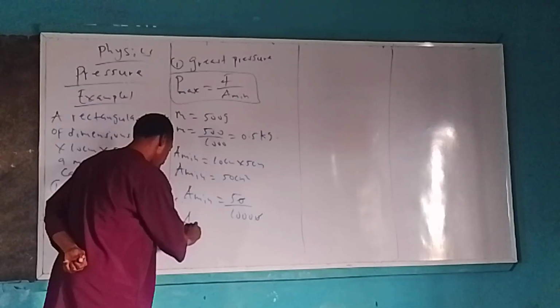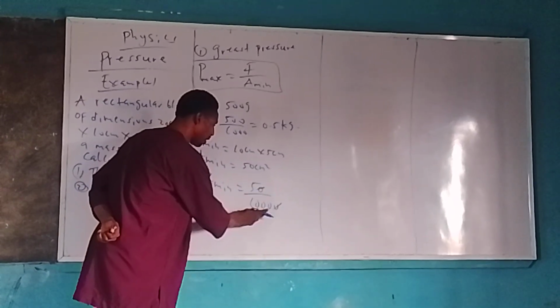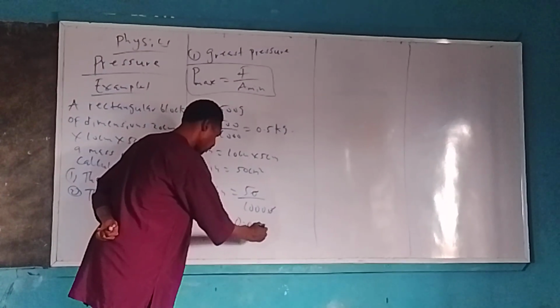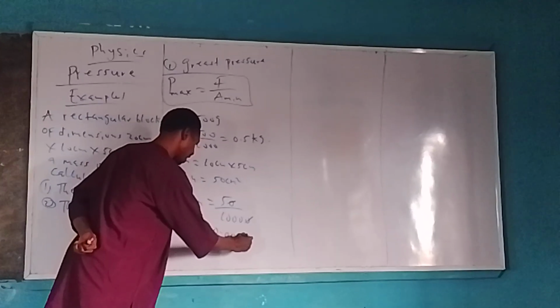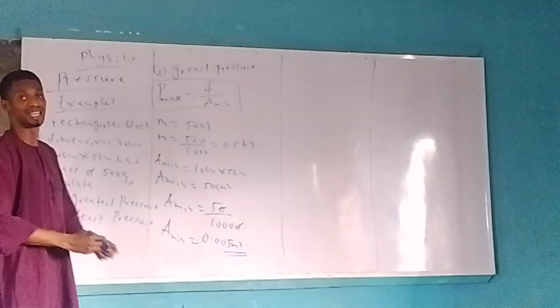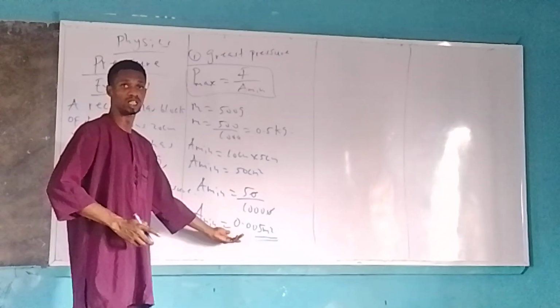So the minimum area will be equal to 0.005 meter square. Is that clear? Yes. So this is the minimum area.